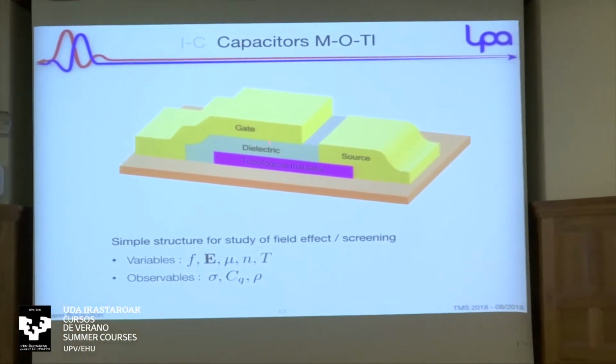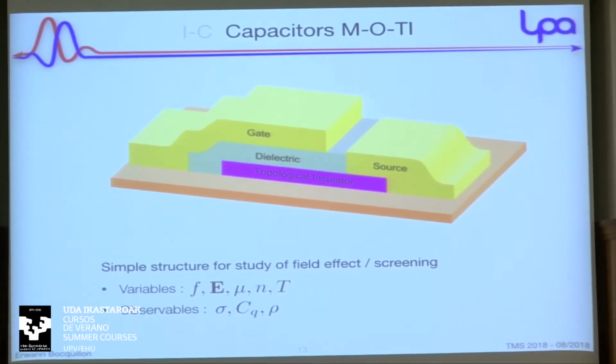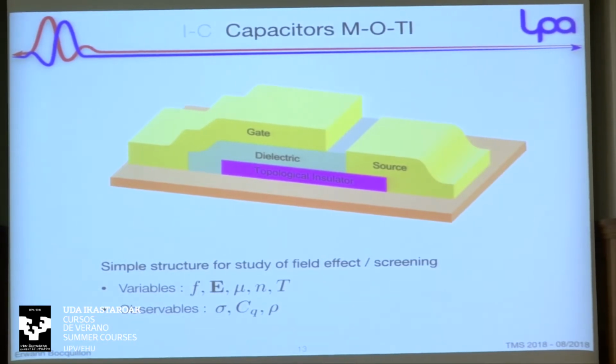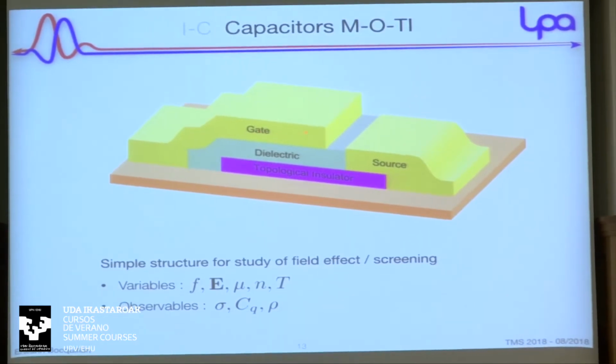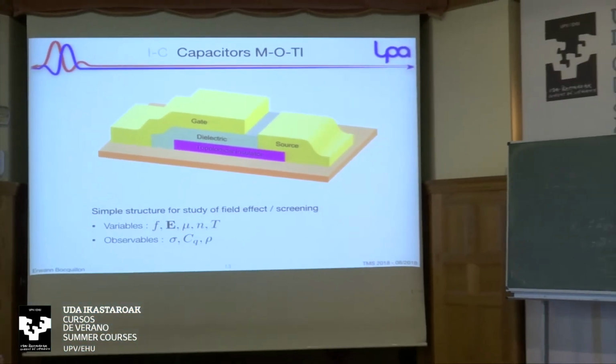Now that we've understood this, you should understand that the electric field and the density are independent variables. But the gate is also used to induce an AC signal that will be used to measure the capacitance of this stack. You create a plate capacitor between the gate and the topological insulator.